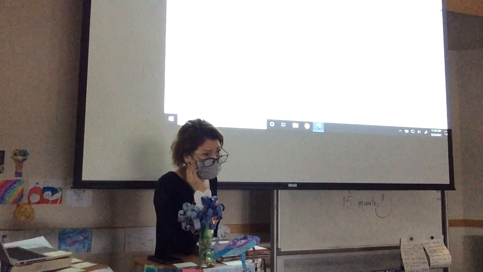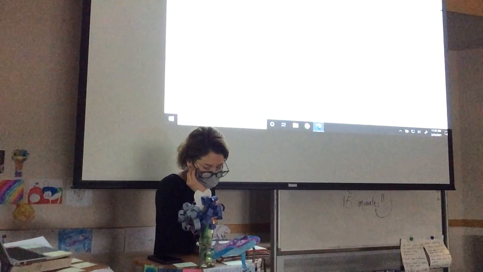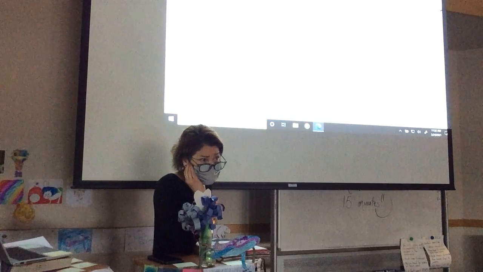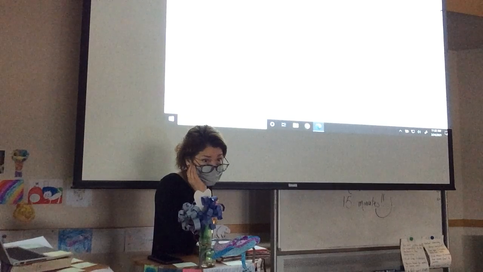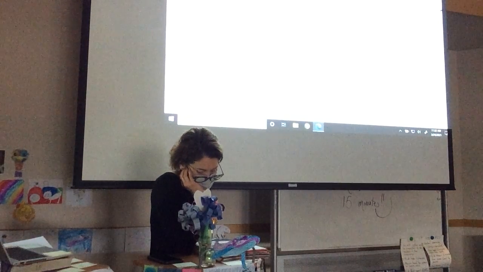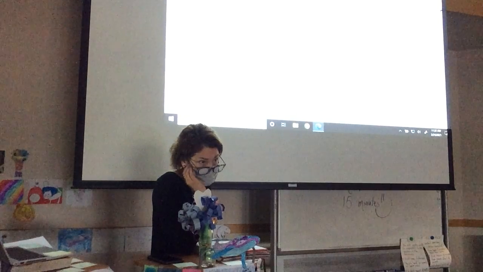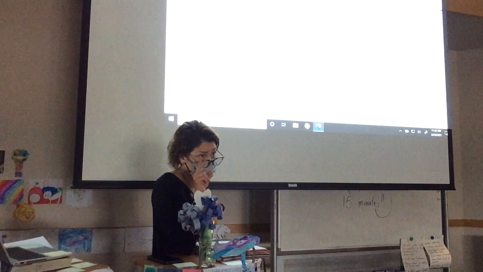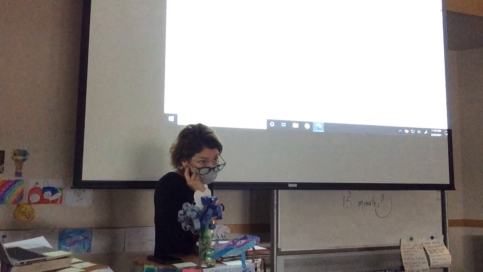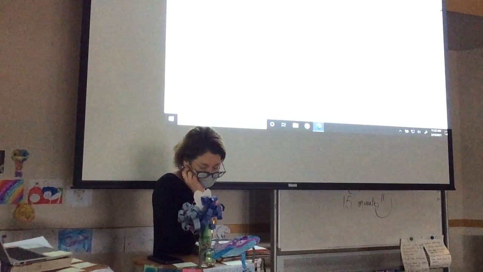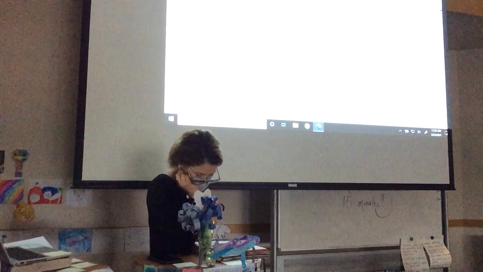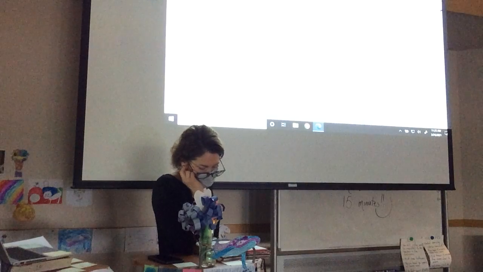Again, a two-part answer, friends. So what is the first part of this equation that we need to figure out? Jeremiah. What is the first part of this two-part answer? 15 times 2. Yes, very good. 15 times 2 is what? 30. Good, excellent. All right, so we figured that out.